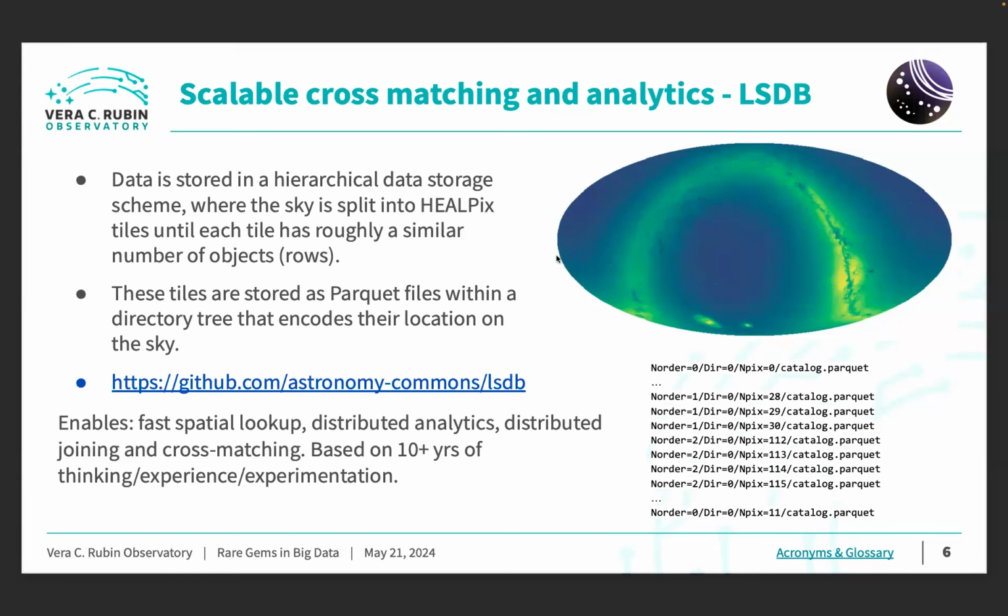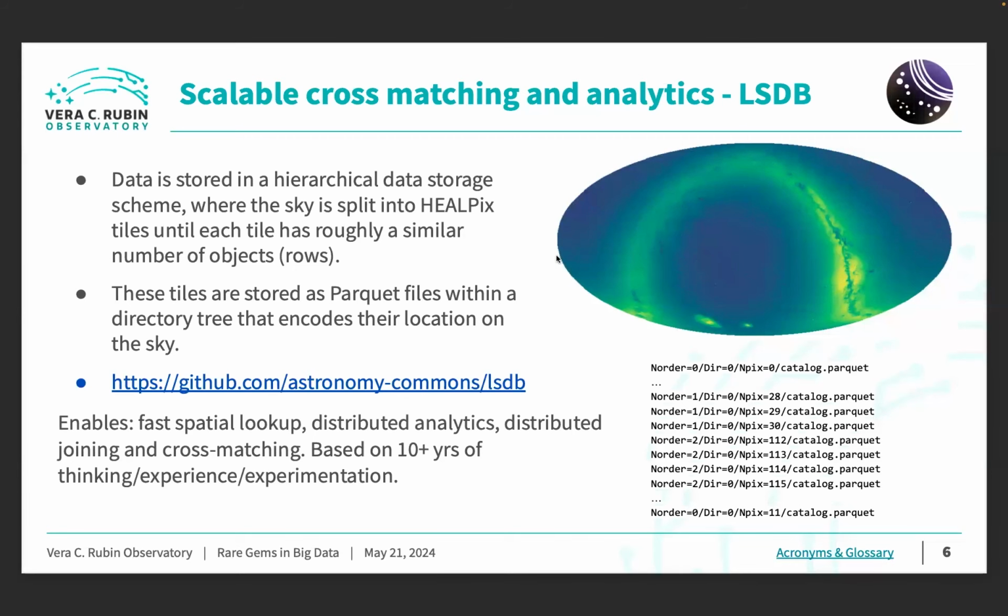LSDB is the framework that we are developing in order to do scalable cross-matching and analysis. What we do is we take a survey. In future, it will probably be Rubin, but we do it on many surveys. And you want to split the data in some fashion. Most often, you split it on the same area in the sky. The problem is that the Galaxy has a lot more objects than outside of the Galaxy.